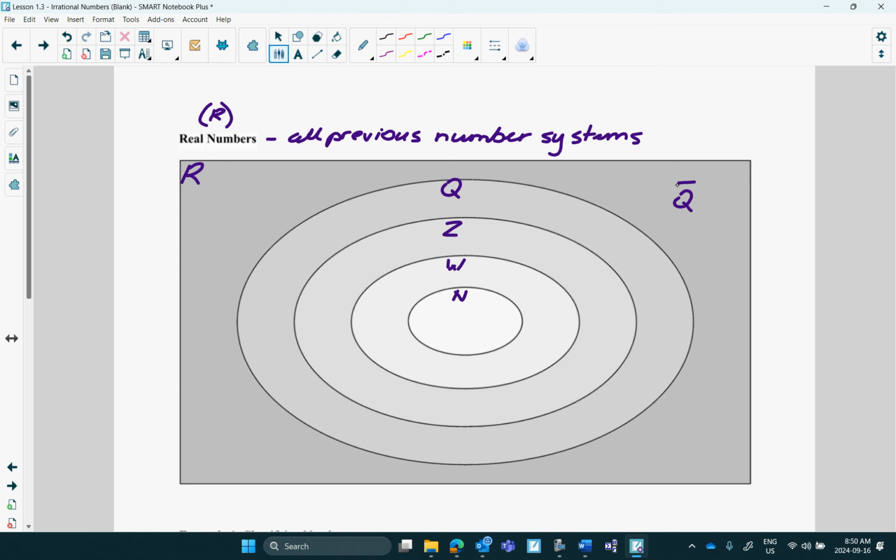Now we did this last year with a few numbers. Where would I put the number -5? Natural? No. Whole number? No. Integer, right? So -5 will go here. Where would I put the number 2/3?